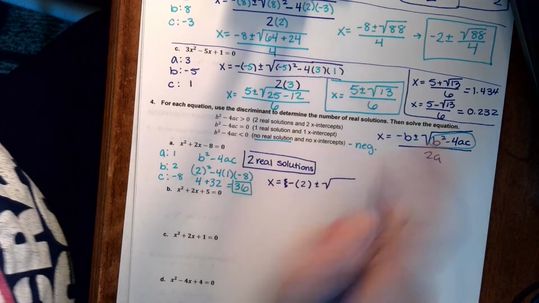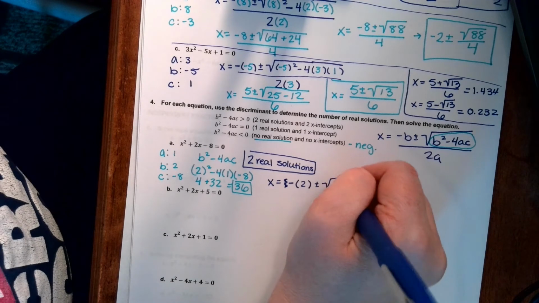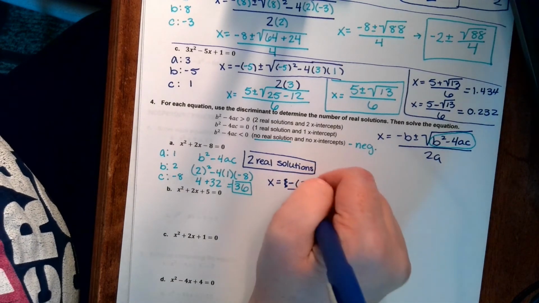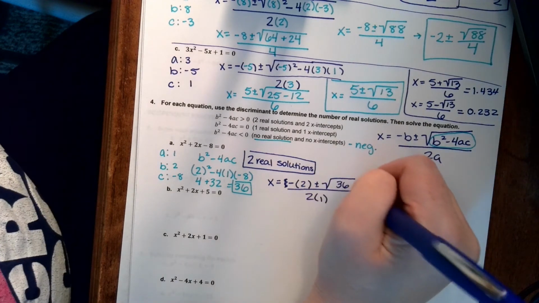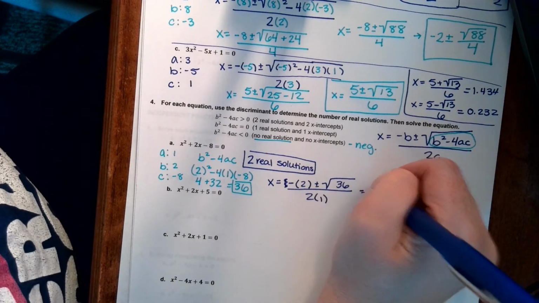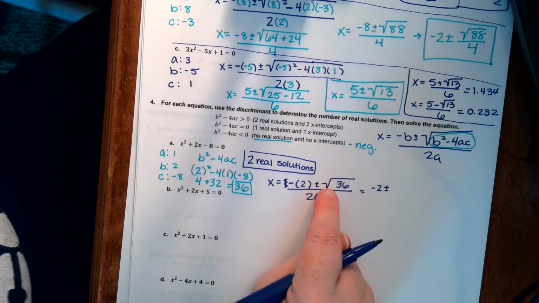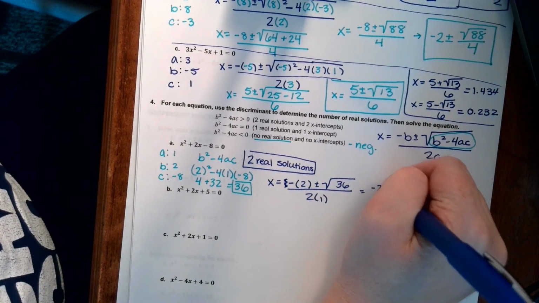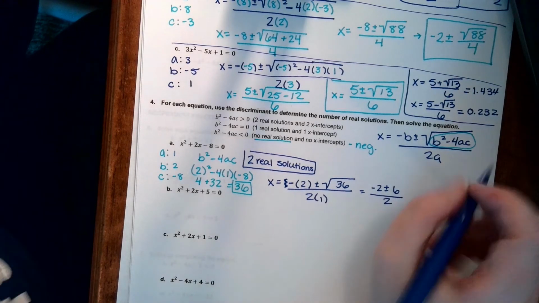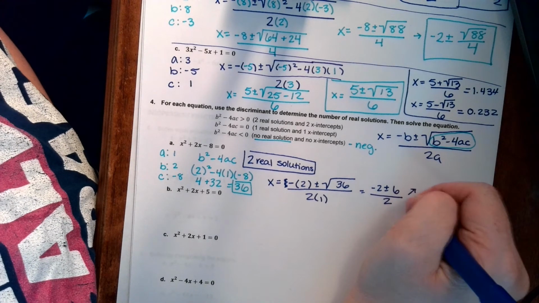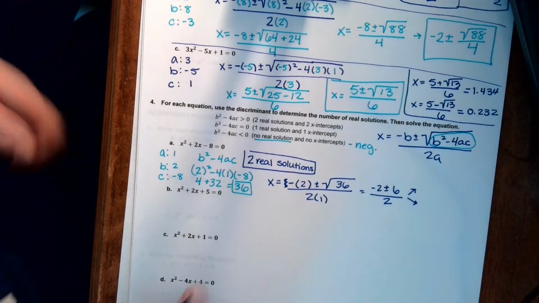That's 36. So the square root of 36, over 2 times, well, what's a? a is 1. So this becomes negative 2 plus or minus the square root of 36, which is 6, over 2.